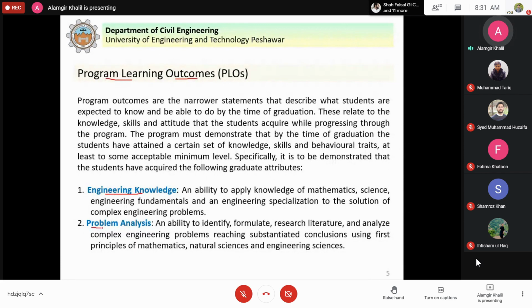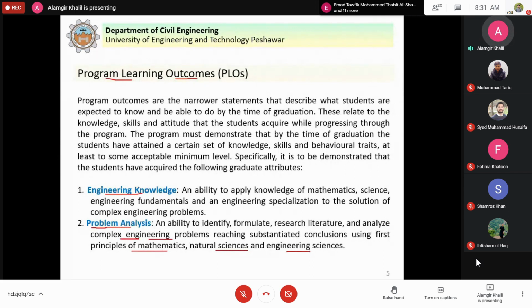And PLO2 is problem analysis. An ability to identify, formulate, research literature and analyze complex engineering problems, reaching substantiated conclusions using first principles of mathematics, natural sciences, and engineering sciences.